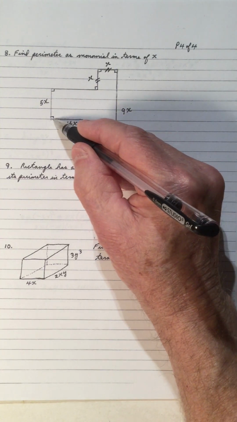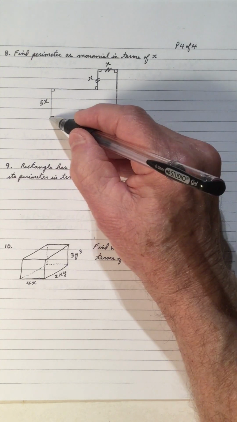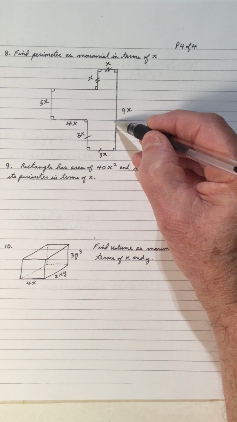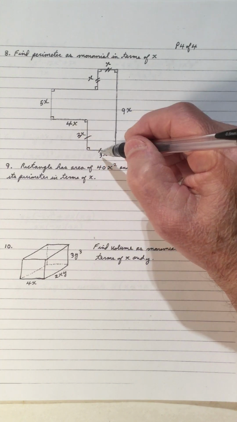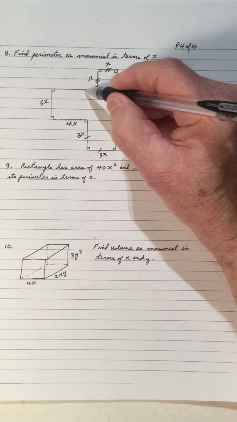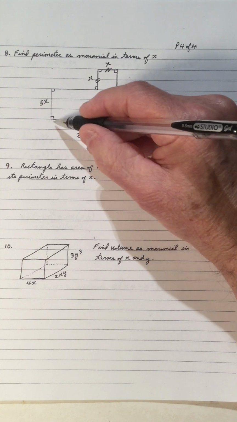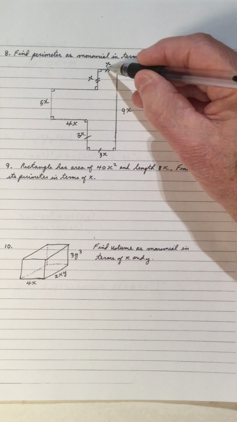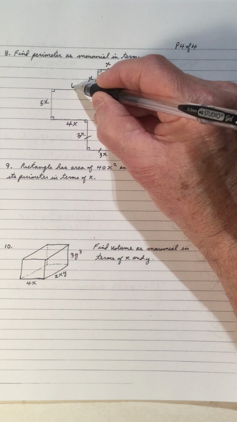So if we start here, we know this is 4x, and we know this is 3x. So if I went straight across here, I would have 4x, that's a 7x. So if I went straight across right here, that's the same as this one. So if this is a 7x, this is a 7x. So x is here. So 7x minus x makes this a 6x.